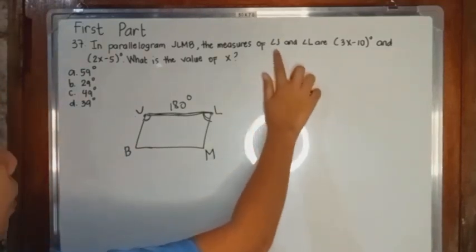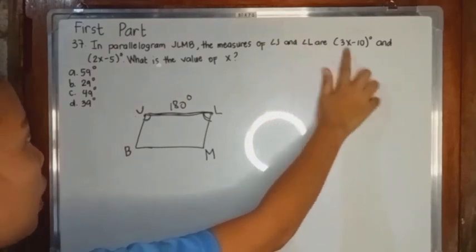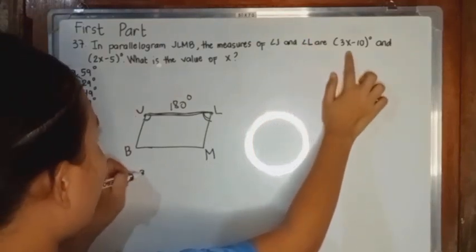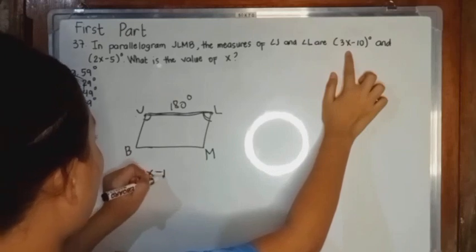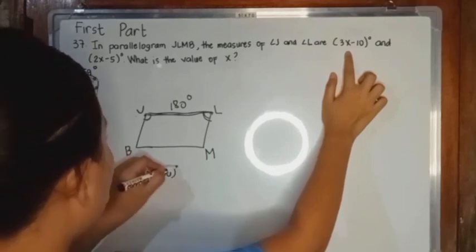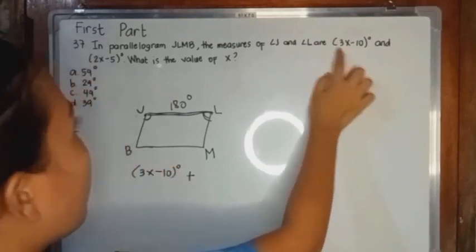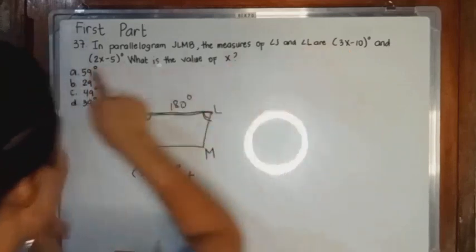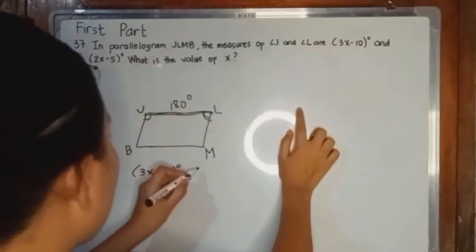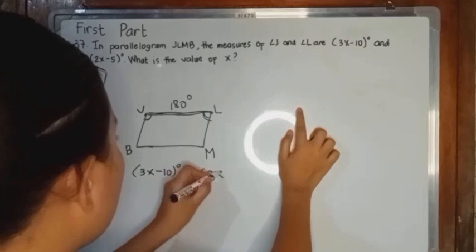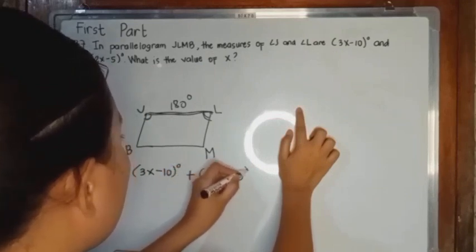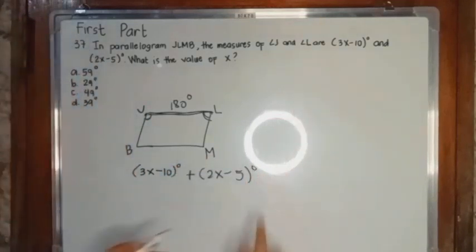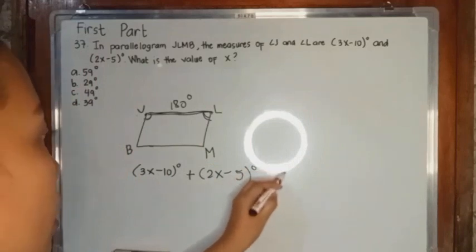So, angle J plus angle L. Angle J is 3x minus 10 degrees plus angle L, which is 2x minus 5 degrees, is equal to 180 degrees.